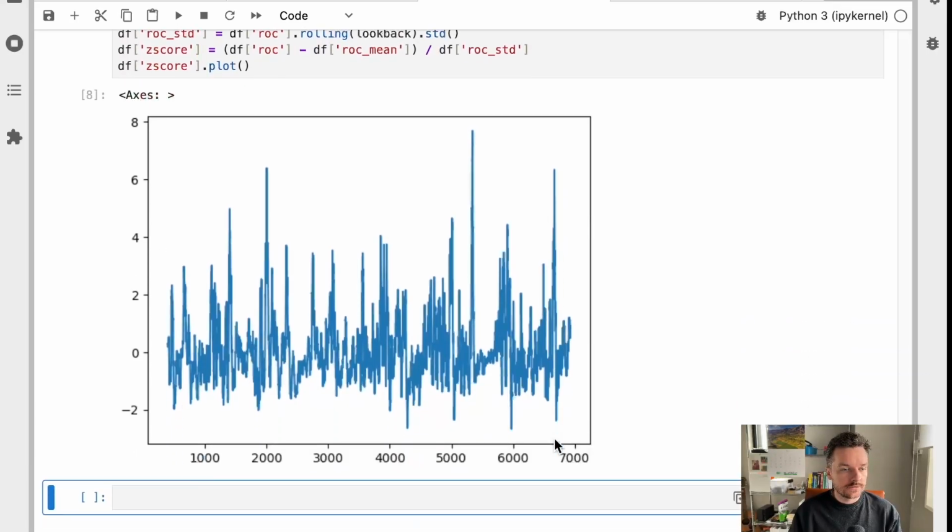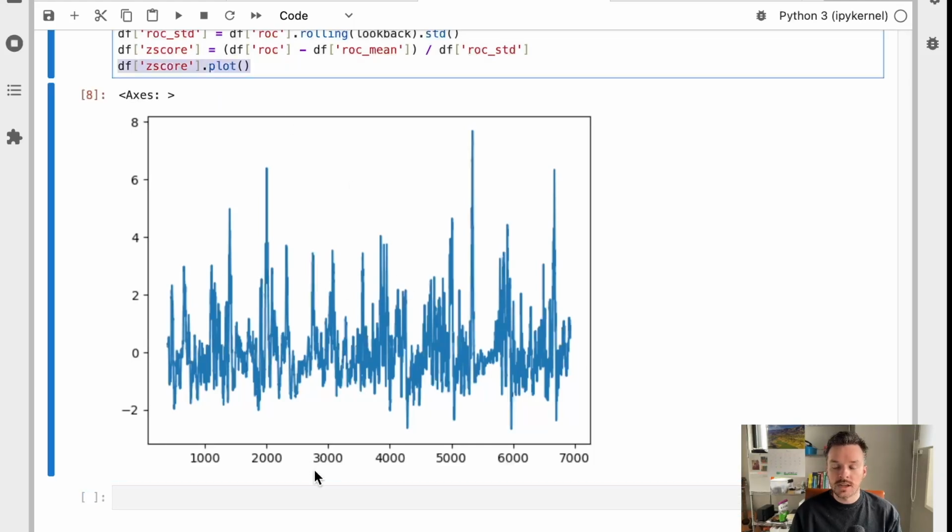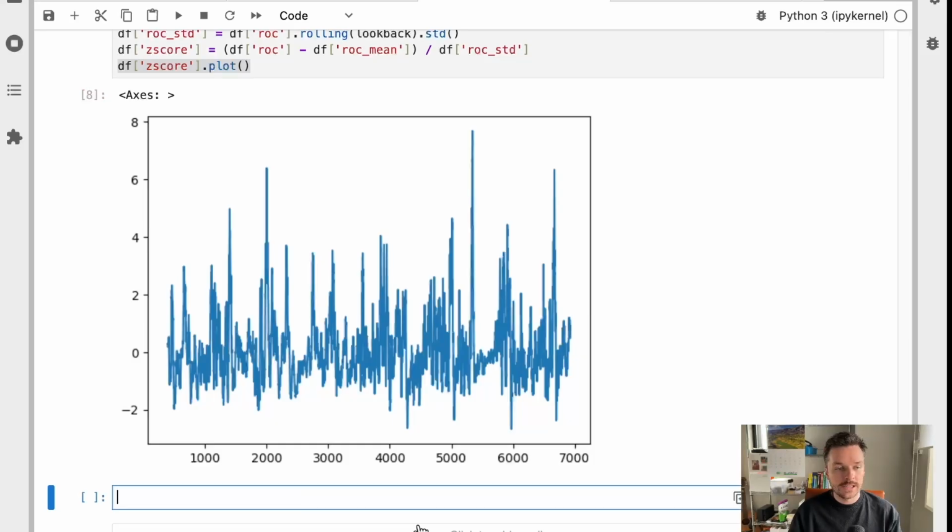So this is a little bit more interesting, right? We're seeing things in terms of the mean, and then we're seeing how big the changes are from the standard deviation. This is not a beautiful plot, but we're going to make it a little bit more beautiful here. So these are the z-scores, and you can see a 2 here means 2 standard deviations away from the mean. A 4, a 6, and 8.